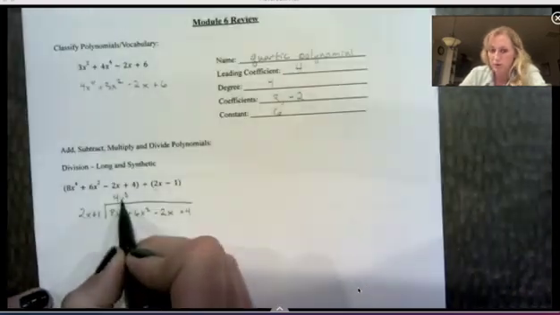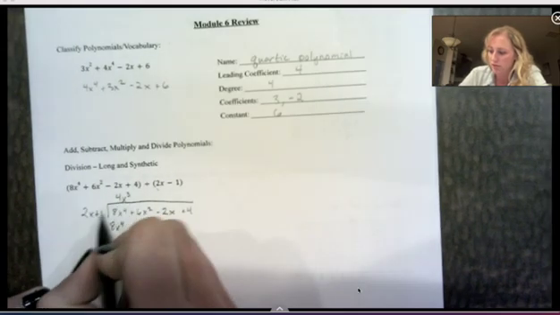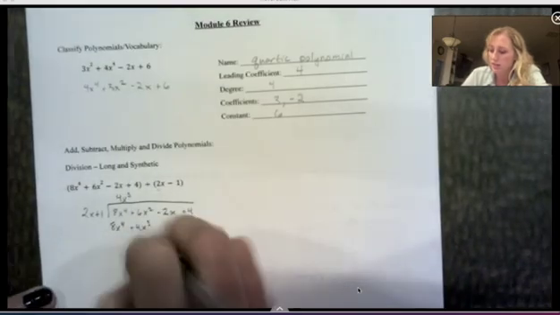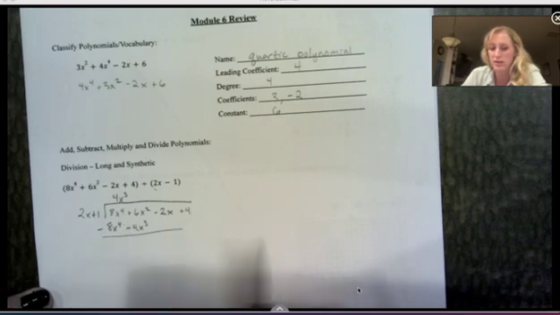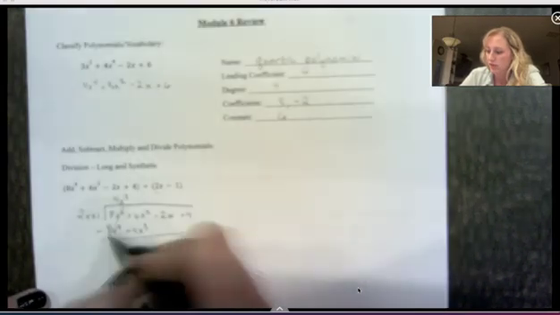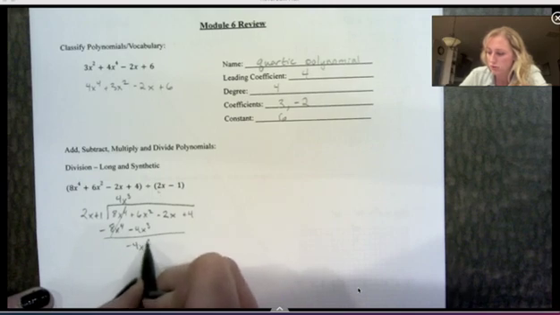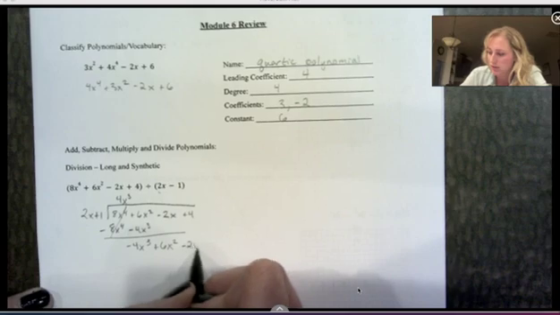So come through and multiply 4x to the 3rd times 2x. 4x to the 3rd times 1. All right, and when we draw the line, we change the sign so they're both negative. Okay, cancels. Can't combine those because they're not like terms, so I'm just going to write them next to each other in standard form and bring down the rest.